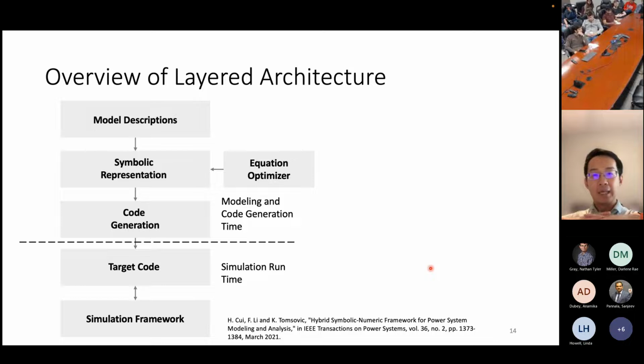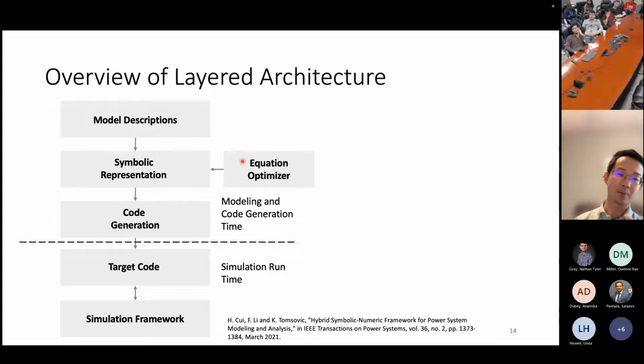So we propose a layered architecture for modeling and simulation. The idea is that the user prepares descriptions for those models, such as generators, controllers, etc. Under the hood, the framework will perform computer algebra-based symbolic processing by converting those descriptions into implementation-agnostic symbolic representations.